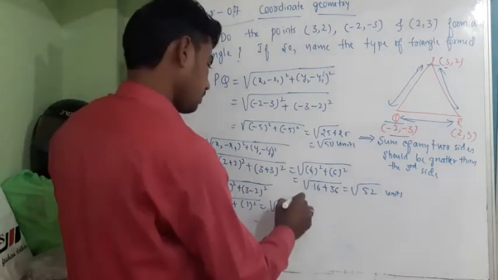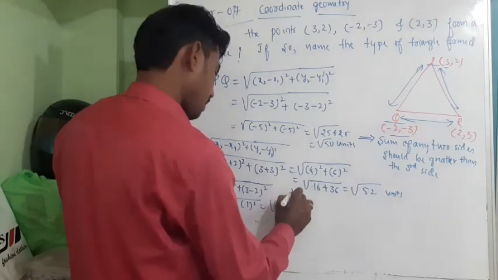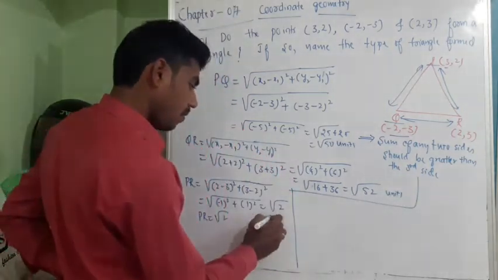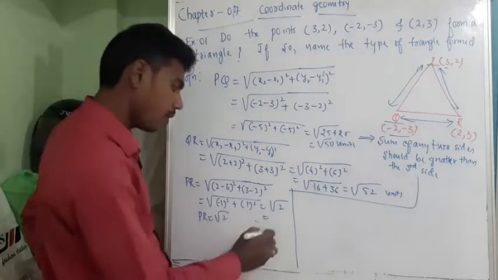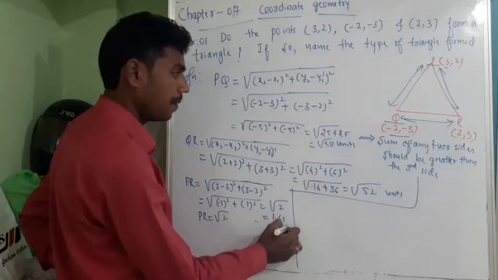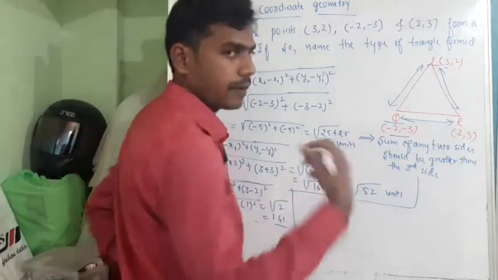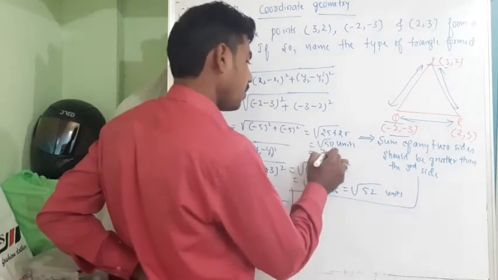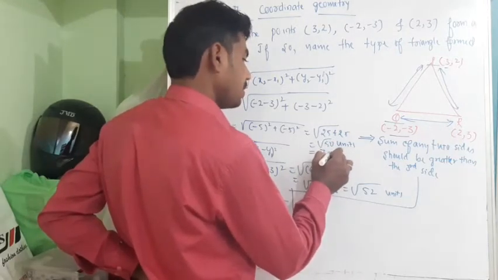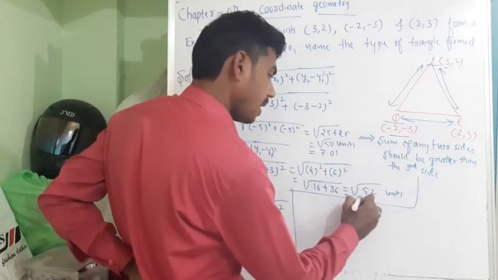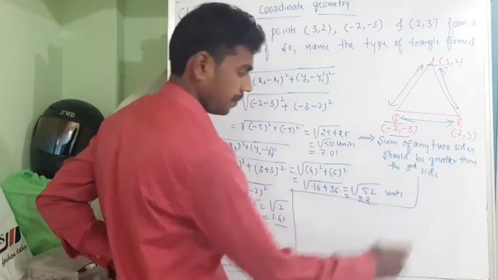Okay. Then, this will be nearly equal to root 2, nearly equal to 1.41 approximately. If you take 7 square, it is 49. 50 is 1 greater than that, so root 50 can be nearly equal to 7.01 something.